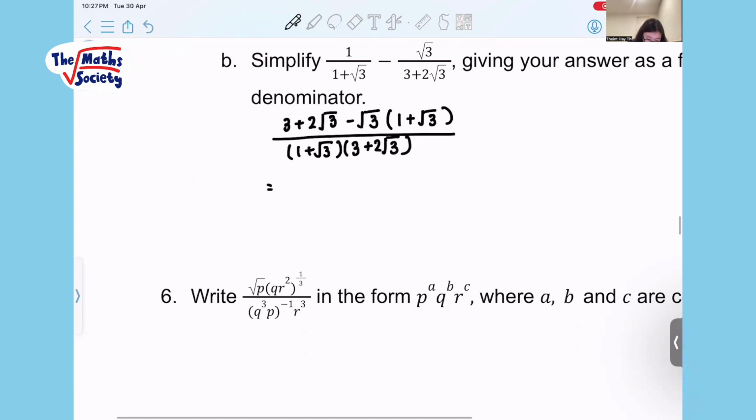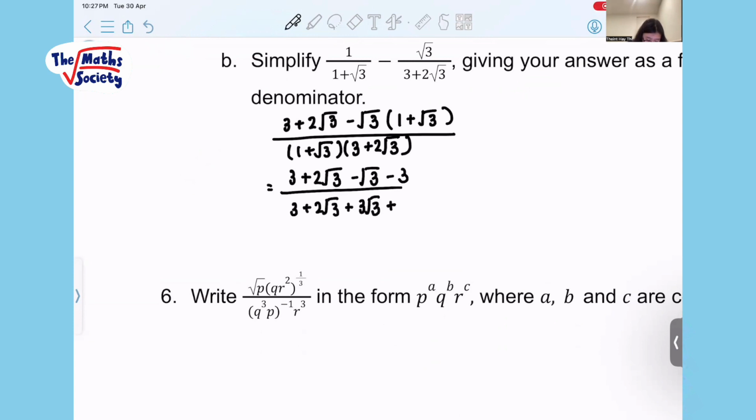So you'll have 3 plus 2 root 3 minus root 3 minus 3, and then divided by 3 plus 2 root 3 plus 3 root 3 plus 2 times 3 is 6. So you'll have 3 minus 3 is done. So you have 2 root 3, so you have root 3 by 9 plus 5 root 3.